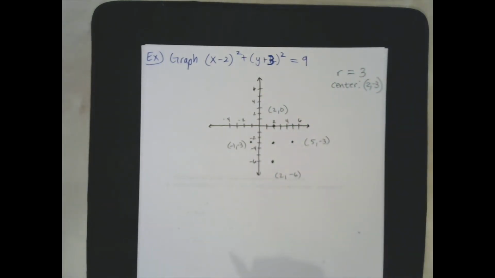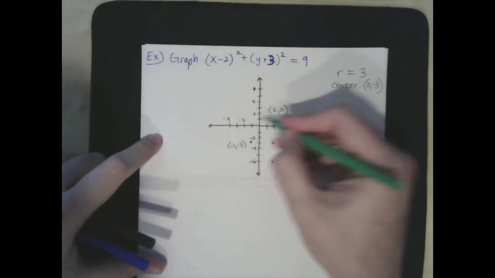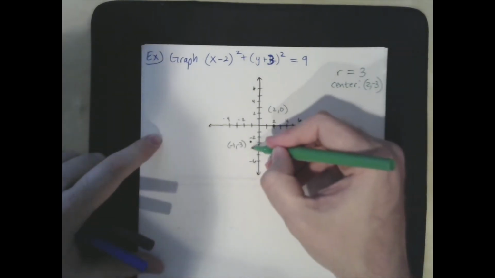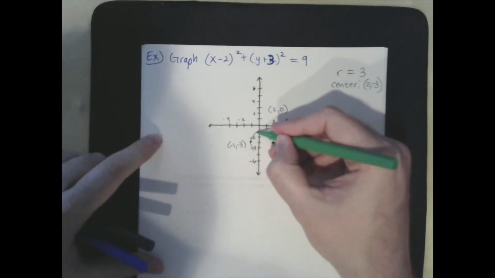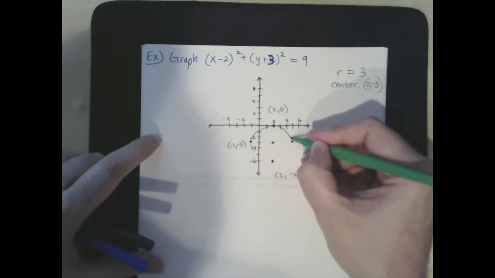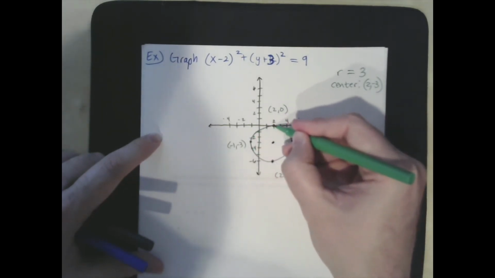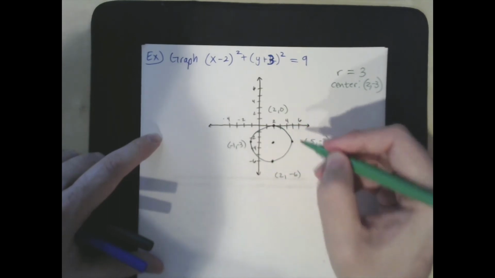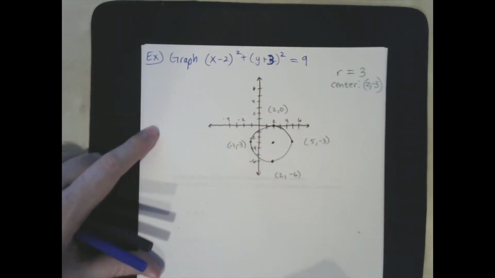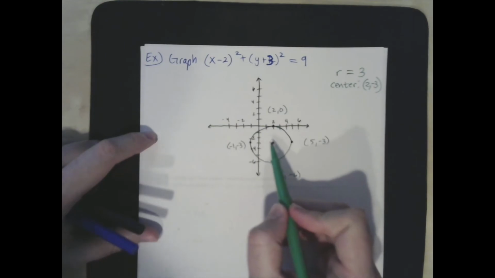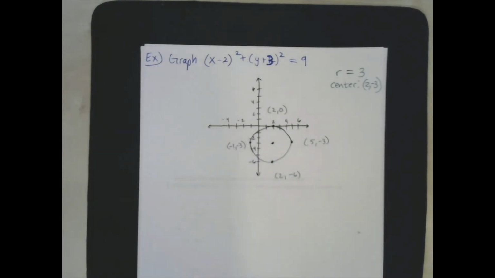Well, now we just make our circle around those points. And again, I hope that you can do circles better than me, because I can never do them well. And again, not going to label the center because it's not technically on the circle.